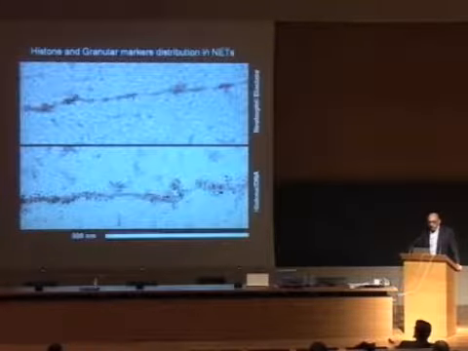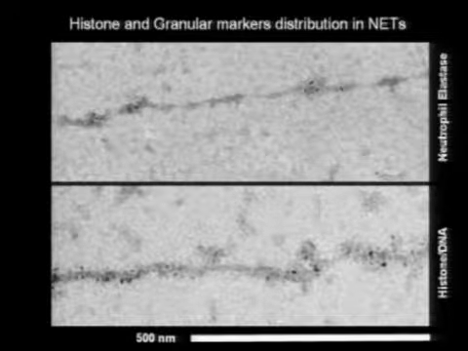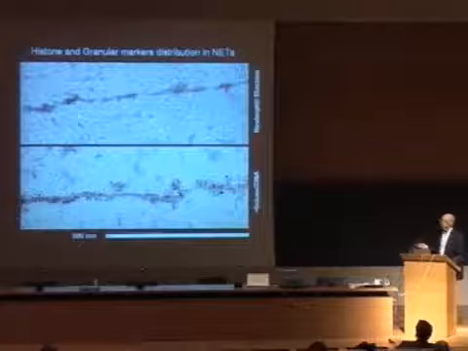So in order to start to understand how these proteins are distributed in the nets, and all the work that I'm presenting in microscopy is really the work of Volker Brinkmann, who is the head of our microscopy core facility, he developed a technology by transmission electron microscopy, where he extended the nets and then did immunoelectron microscopy.